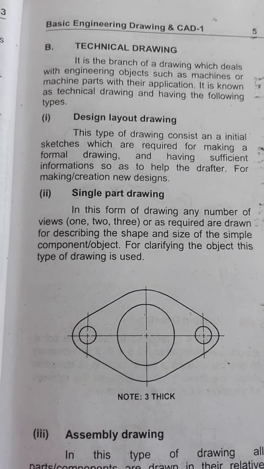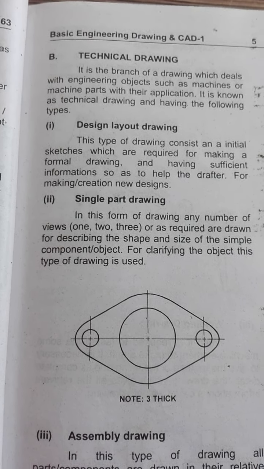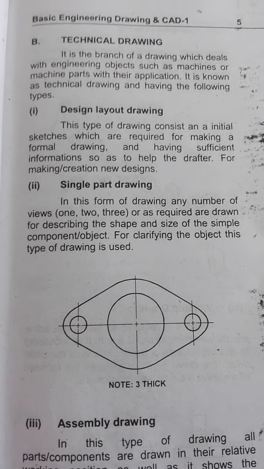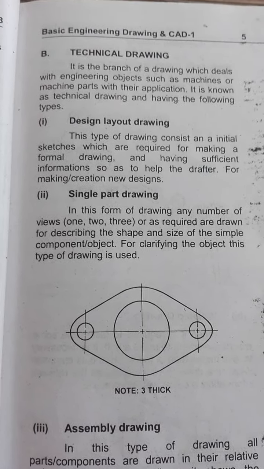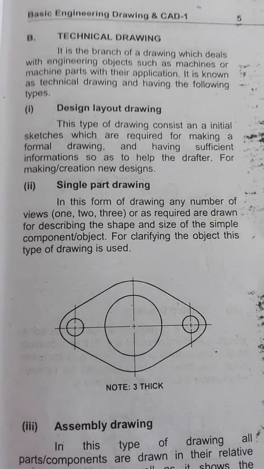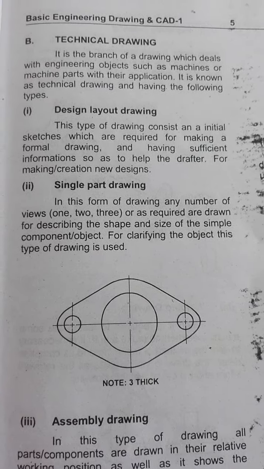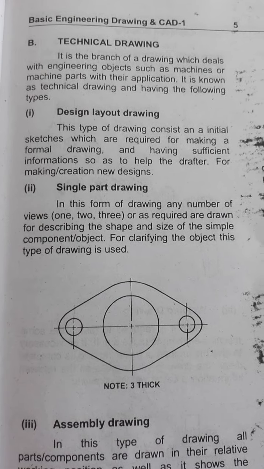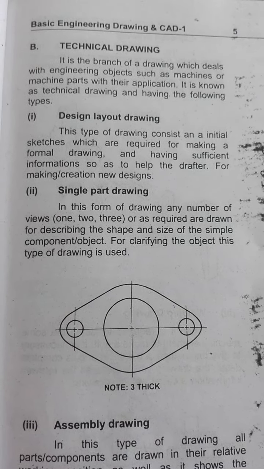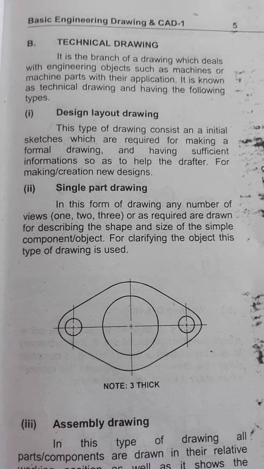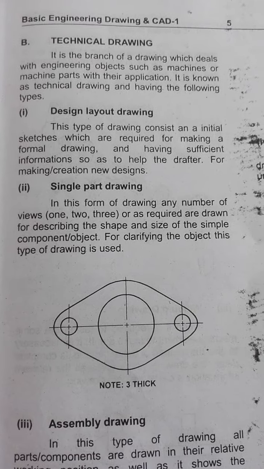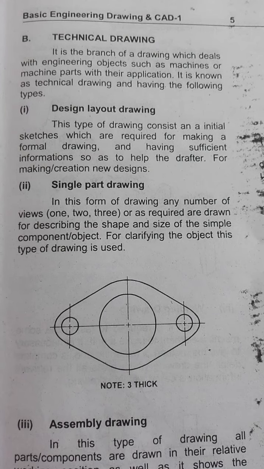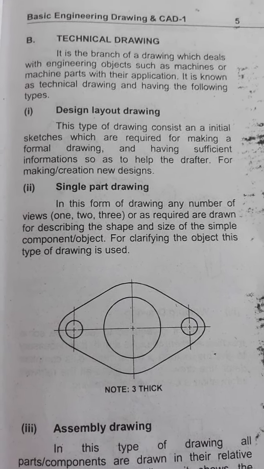And if we draw an object's views and we are not sure that full information is available, then we can draw a maximum of three views, like front, top, and one side, which can be the right side or left side.